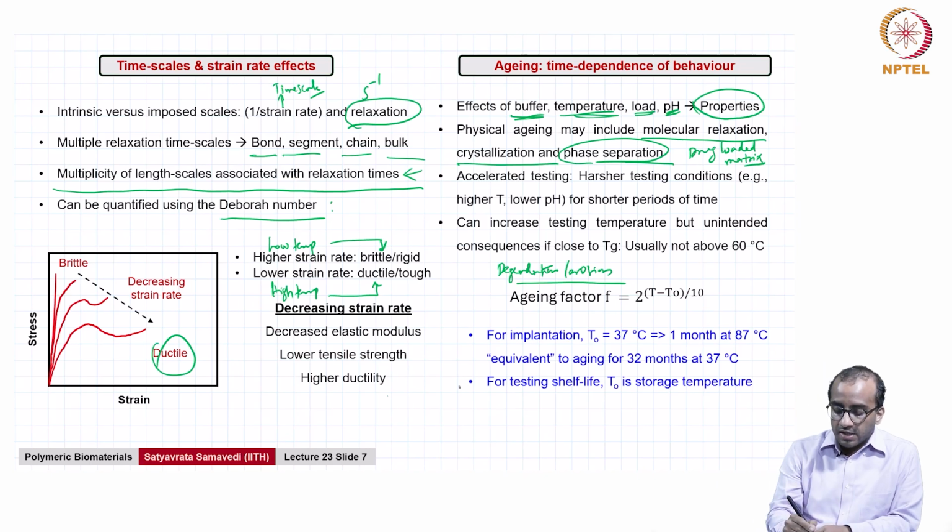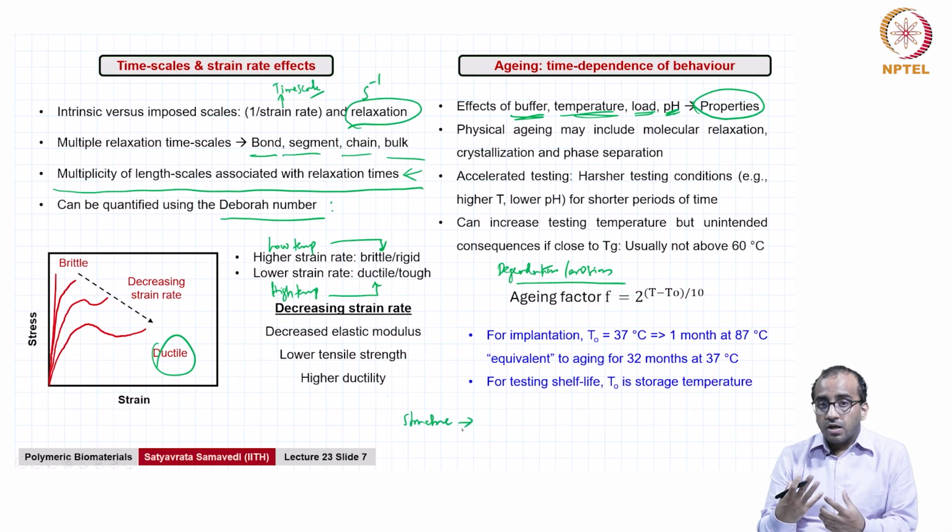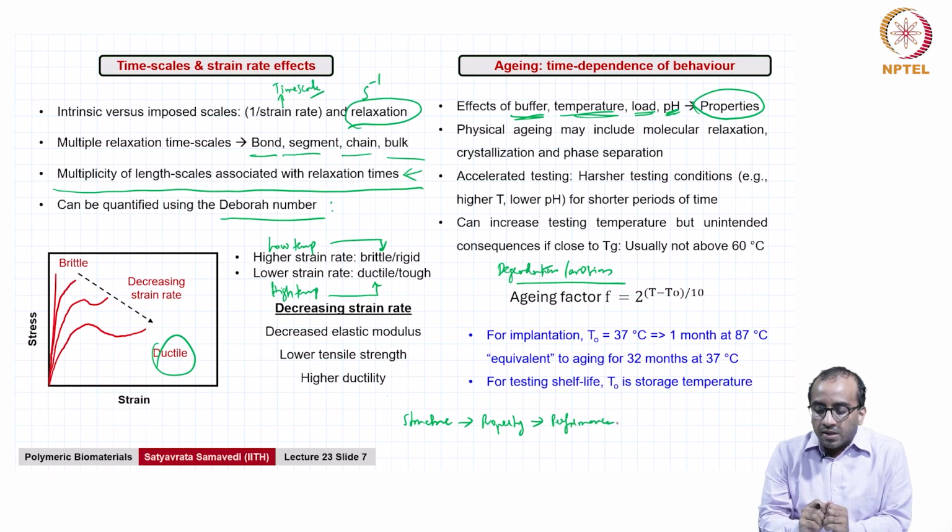So, again we are connecting things like molecular relaxation, which has to do with the structure, to some macroscopic property, for example mechanical properties that can change with time, and that is in turn going to affect the performance of the material. So, that is the connection we are trying to make here.